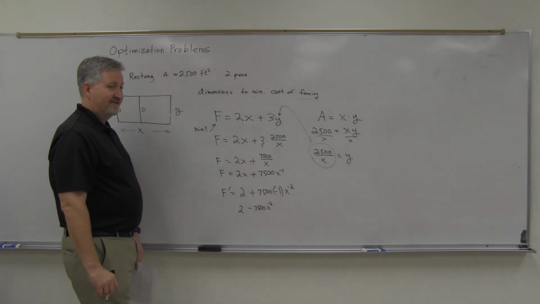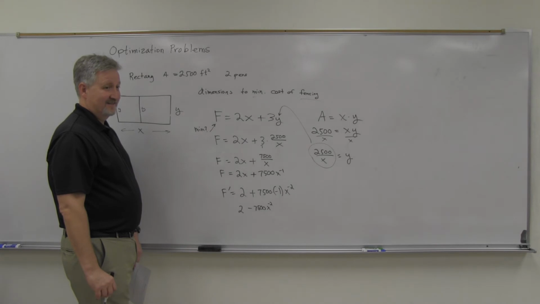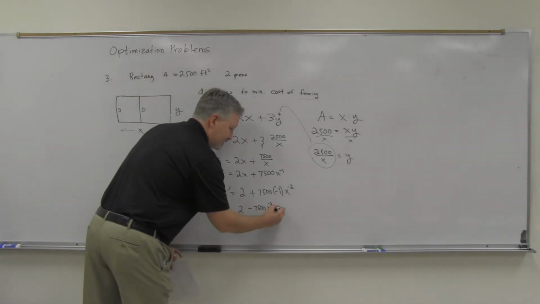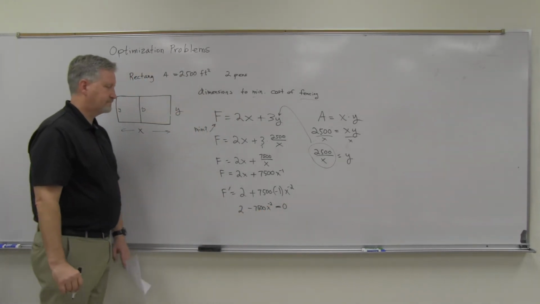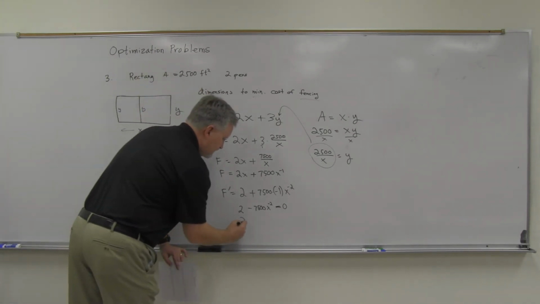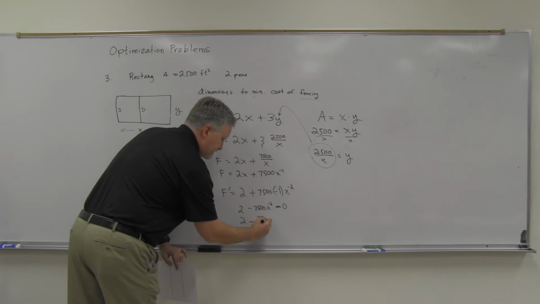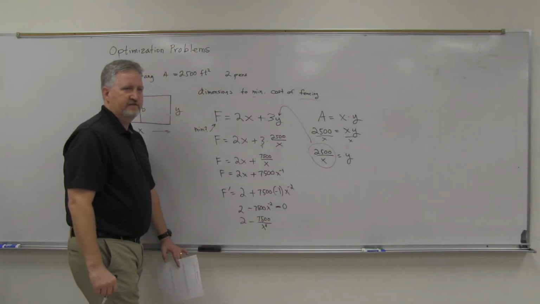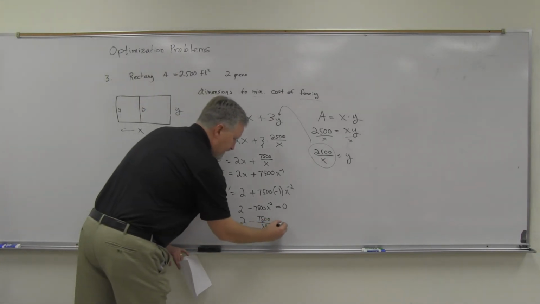So what am I doing here? Trying to find the critical numbers, so set it equal to 0. Well, however you want to solve that, usually my suggestion is go ahead and flip that negative exponent over, make it a positive exponent, so make it 7,500 over x squared. That equals 0.